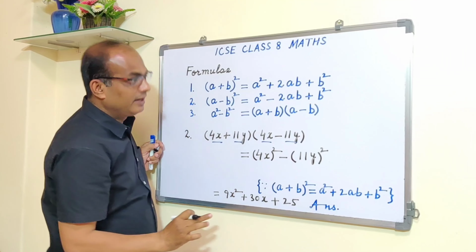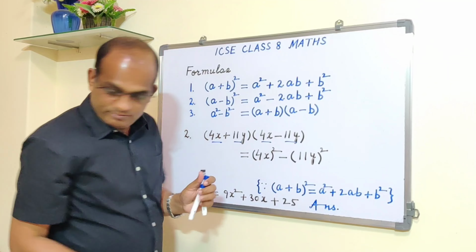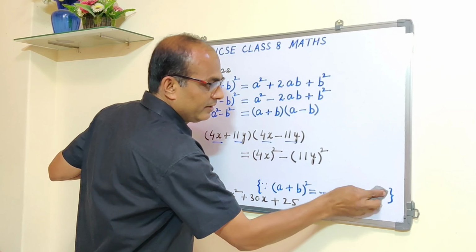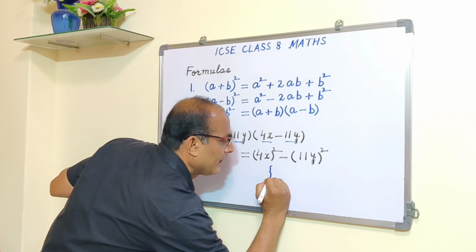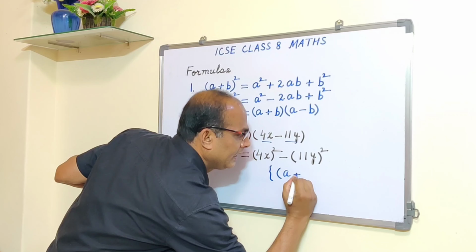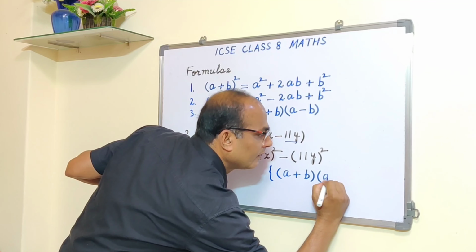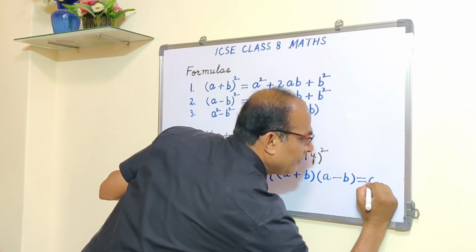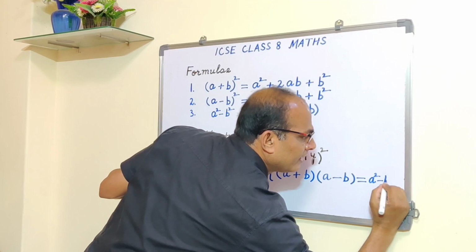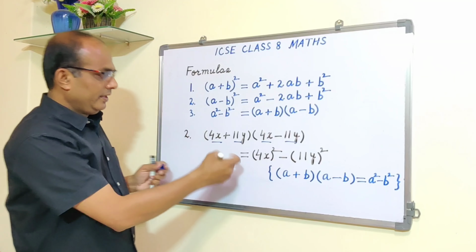This formula, A plus B into A minus B is equal to A square minus B square, we'll write down here. This is the formula that we use here.